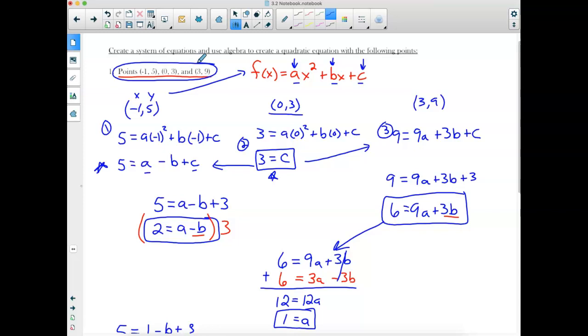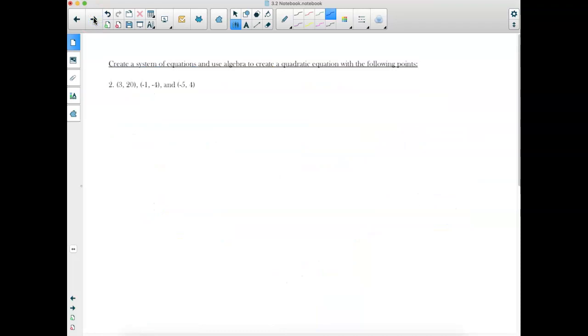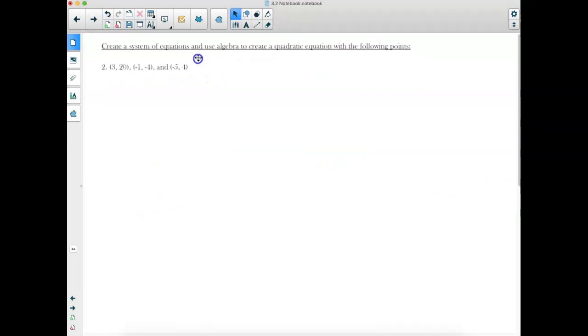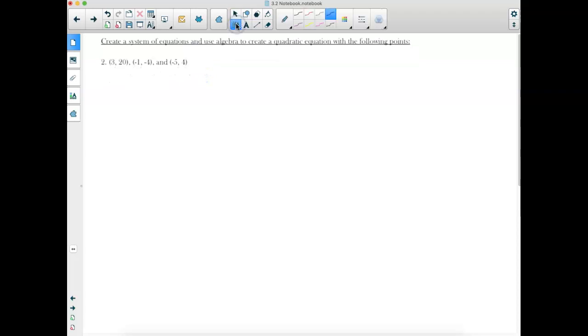Number 2, we're going to come to the next one here, but we need to do the same exact thing, okay? And I'm going to move this guy up. Create a system of equations, because in the end, f of x equals ax squared plus bx plus c, because it's a quadratic equation.